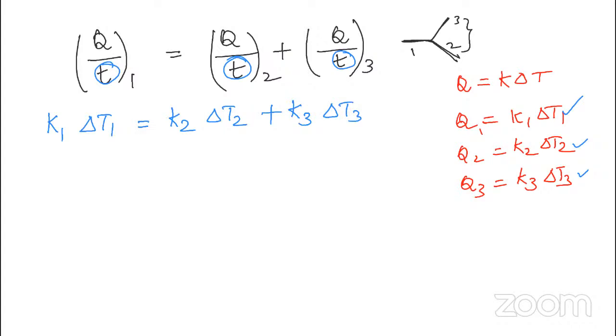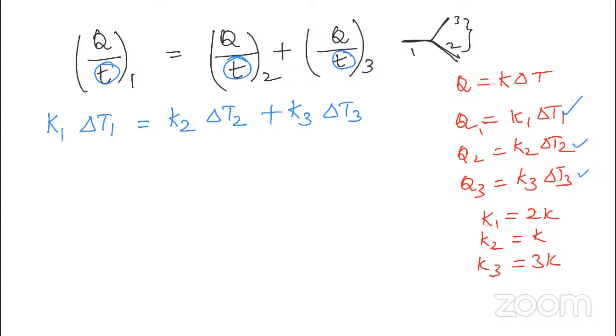Now we have to substitute the values of K1. What is the value of K1? They are given: it is 2K, K2 is K, and K3 is 3K. Okay, let us now substitute all the values here.